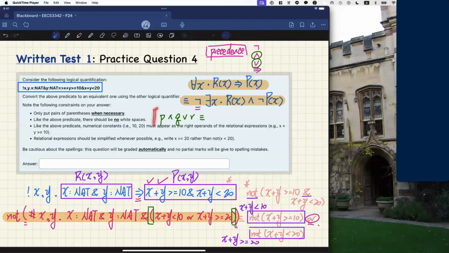But if you only have that without the parentheses, it will be as if we try to do P and Q first, or R. Because conjunction will actually bind tighter than disjunction. So that's why you want to really make sure the parenthesis is added over here. Maybe you didn't know that before, but now you know the precedence.